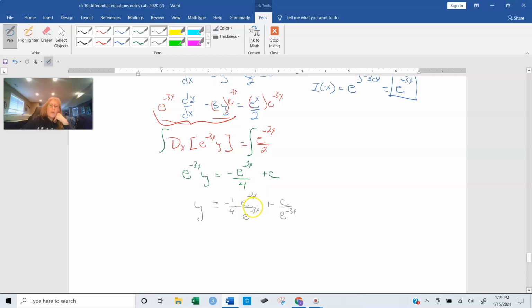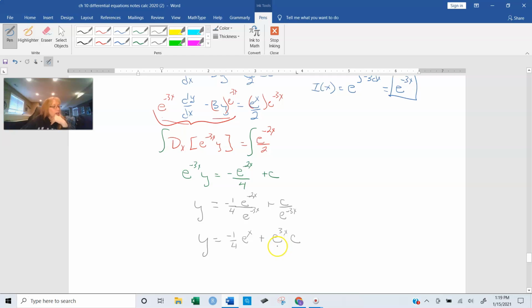Well, when you do this, you're subtracting the exponent, so minus 2 minus negative 3 is a positive 1. So we've got minus 1/4 e to the x. A negative exponent belongs in the numerator, so this is just e to the 3x times c.